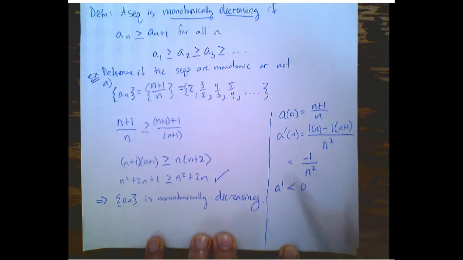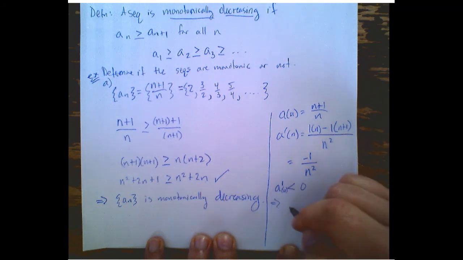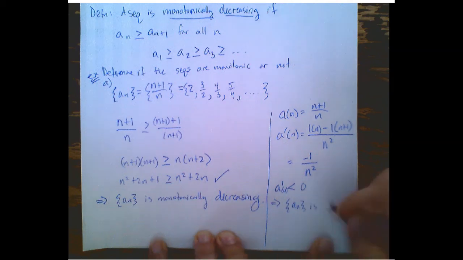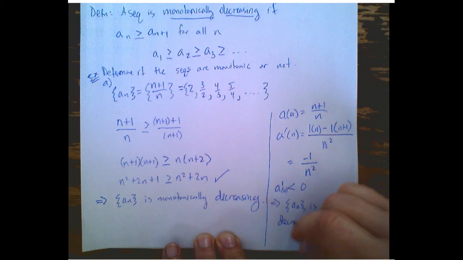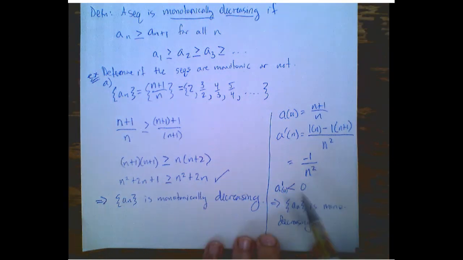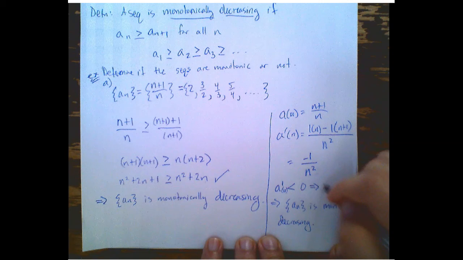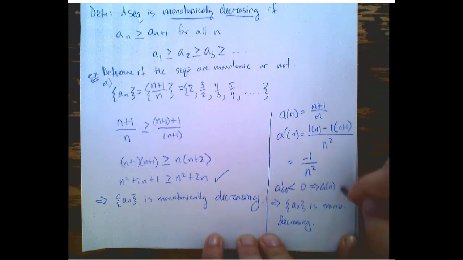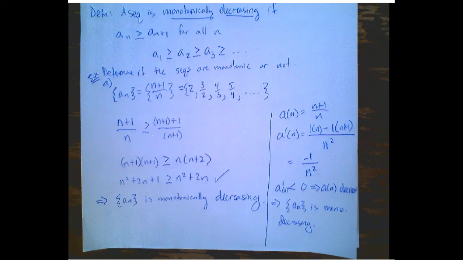So this derivative is always less than 0, which implies a_n is monotonic decreasing. So again, the first derivative always being negative implies that this function decreases. That's a Calc 1 topic.